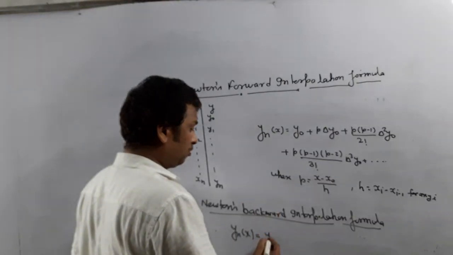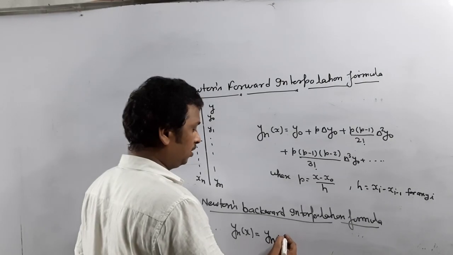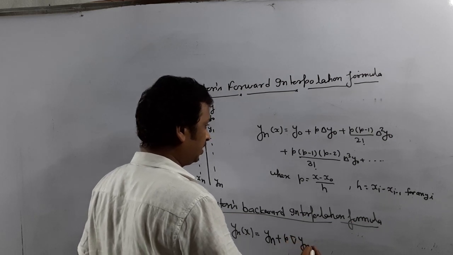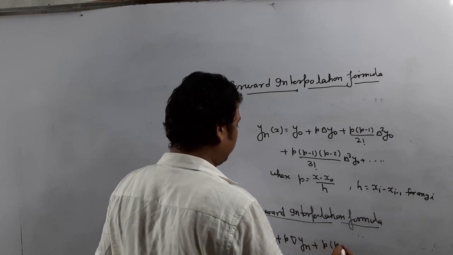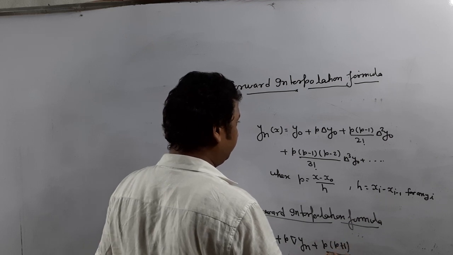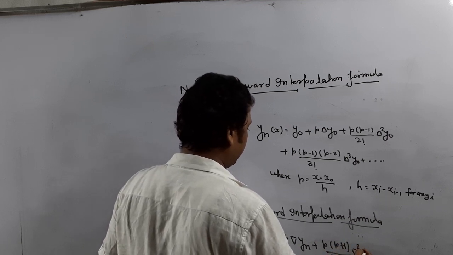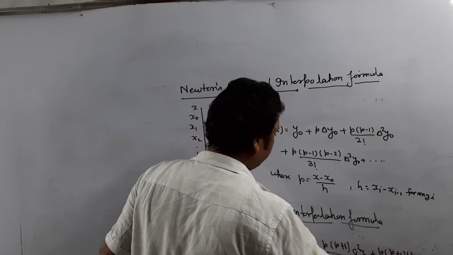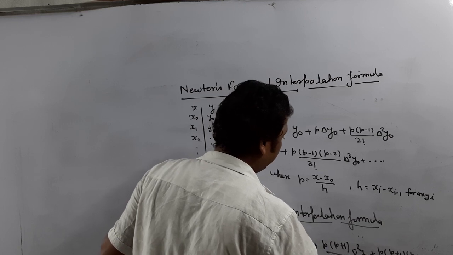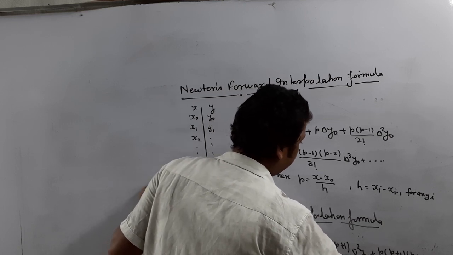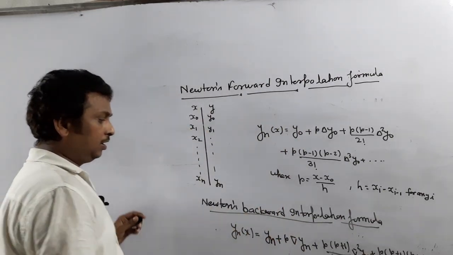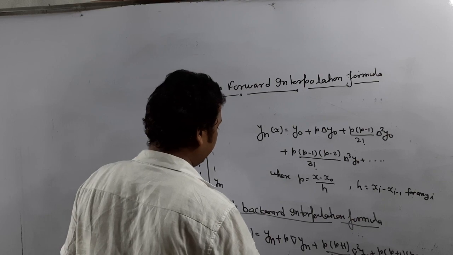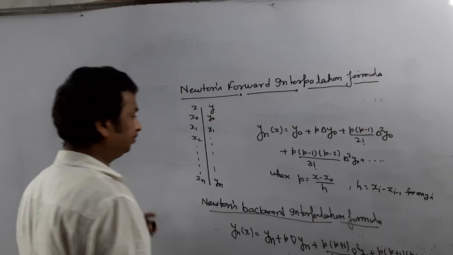So in place of y0, we go for yn, plus p del yn, plus p(p plus 1) upon 2 factorial del square yn, plus p(p plus 1)(p plus 2) upon 3 factorial del cube yn and so on. In place of minus, plus will come. Here p is again x minus xn by h this time.